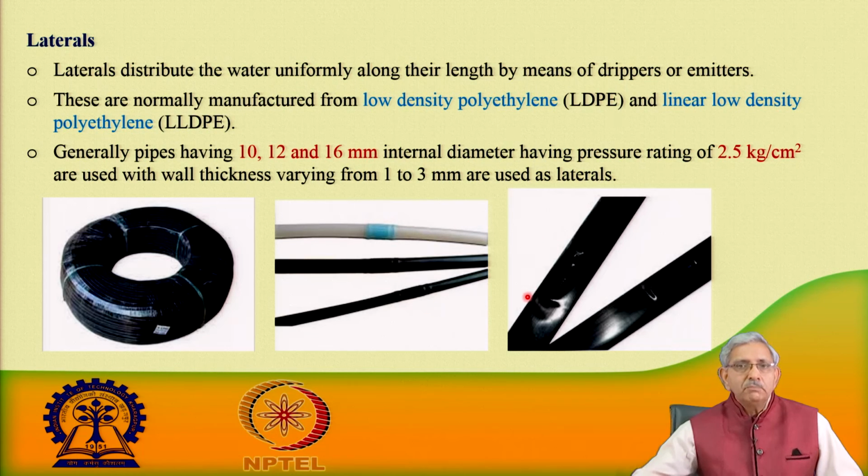On these pipelines, what you see here is an inline type of dripper, placed in the lateral pipeline. This is another inline type of tape which you are seeing here, that is also attached, or it can have online type of drip emitters.